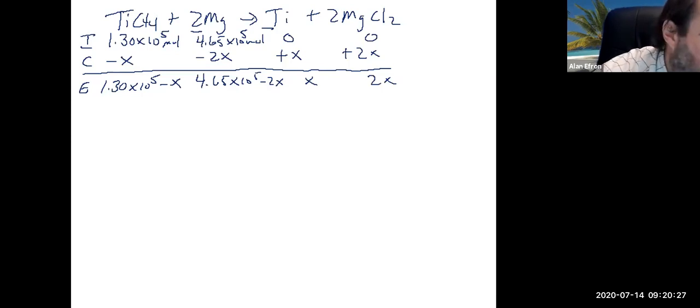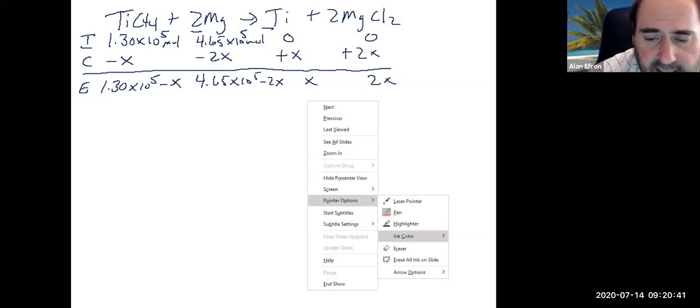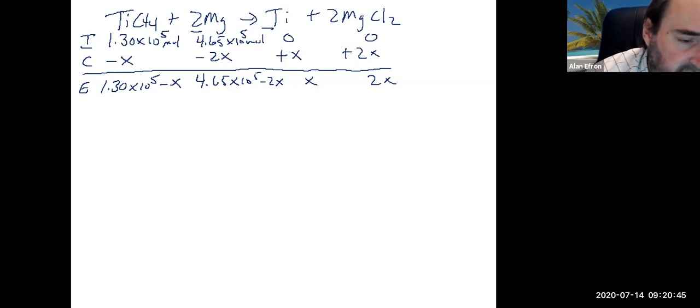Any question on how the ice table came about, where any numbers came from, or anything like that? So remember, at this point, we still want to figure out which one is the limiting reagent. To do that, like we did before, we're going to set each of these reactants equal to 0. We set this one equal to 0, and this one equal to 0, and solve for x. This x is pretty easy to find: it is 1.3 times 10 to the 5th.